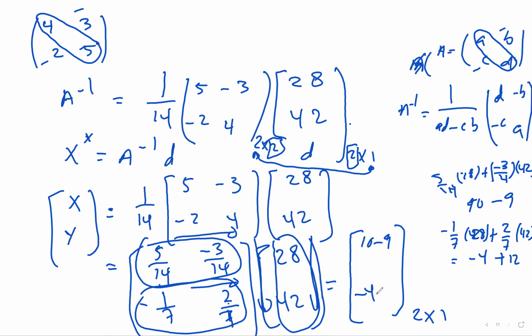So the answer is a 2 by 1 matrix: 1 and 8. This is how you solve it: x is equal to 1 and y is equal to 8. That's how you solve the system of equations.